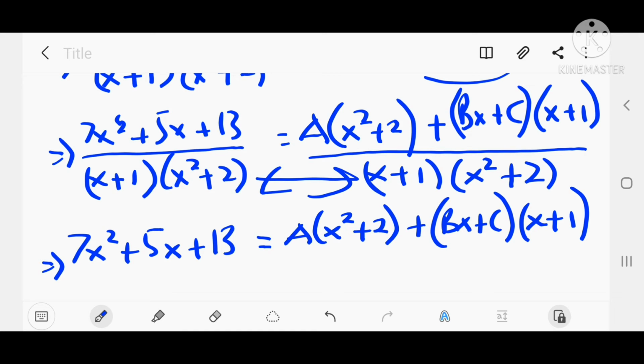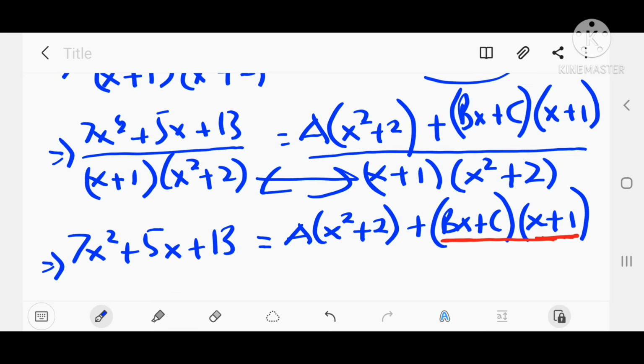What we have to do now, when you look at the equation, realize that if you make this 0, then the whole of this tends to become 0, leaving only this.